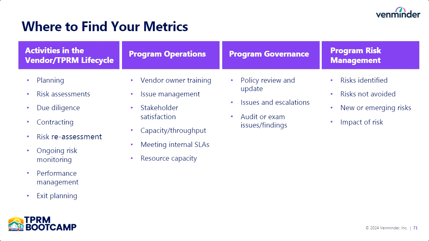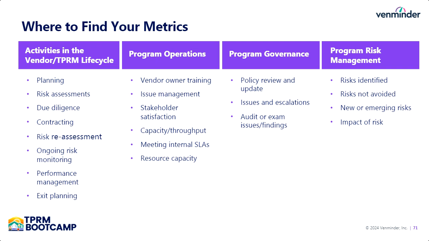Now, the very first place to look is obviously the activities in your vendor risk management or third-party risk management lifecycle. In each of the stages, onboarding, ongoing, and offboarding, there are specific activities that can be managed. So your inherent risk assessments: is there a risk assessment for every engagement? Are you doing due diligence before you execute contracts?